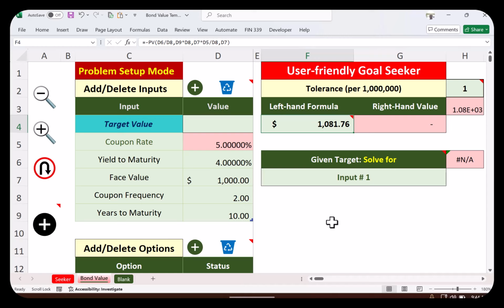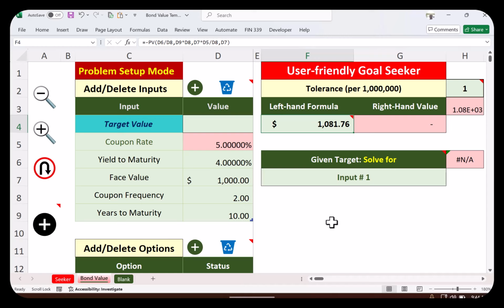So at this, if the proper rate to discount this cash flow is 4%, this bond should be worth $1,081.76. By the way, such a bond is called premium bond. You should not attach the expression premium with some sort of positiveness or goodness.